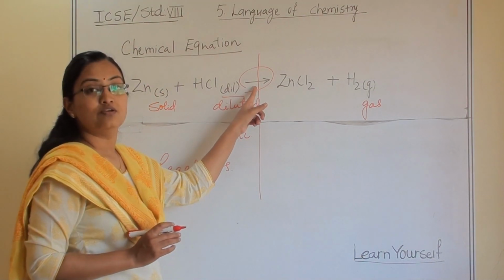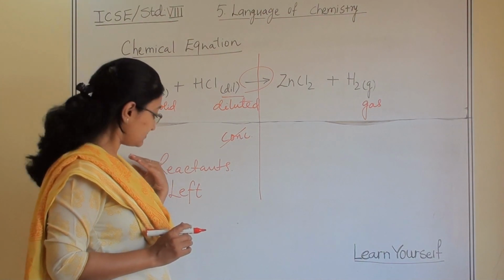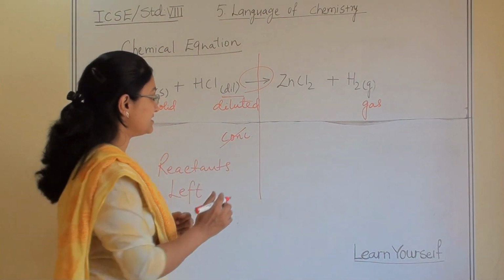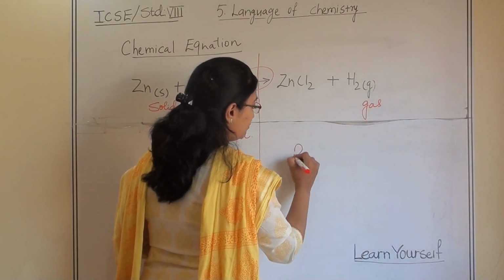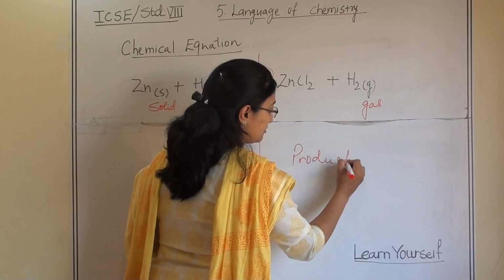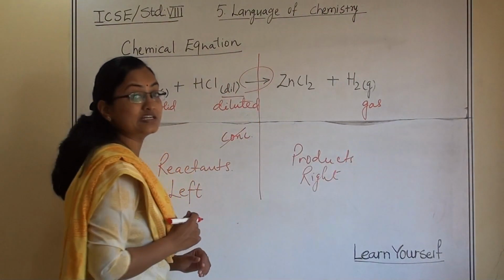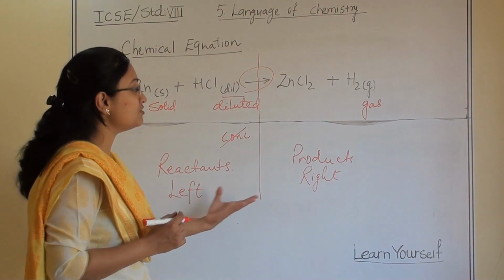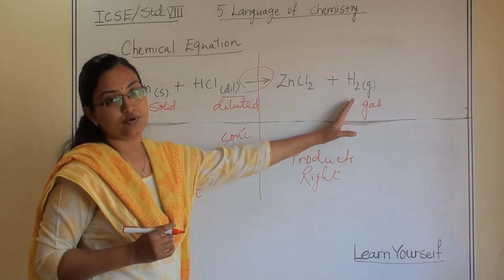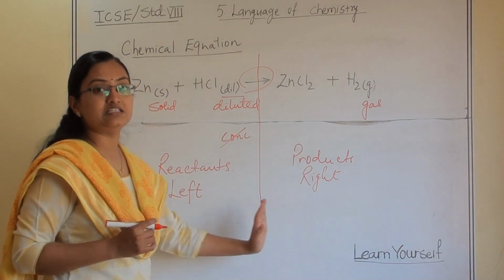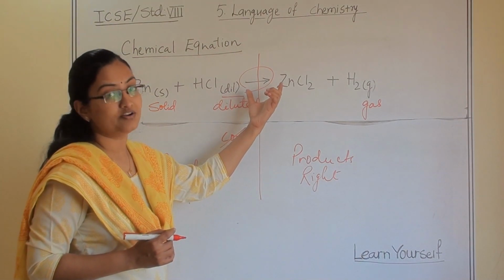This arrow will suggest that this reaction will proceed from left hand side to right hand side. What all are there after the arrow are known as products, and we are writing them at the right hand side. That means when the reaction is complete, you will get these two products. So these are reactants, these are products. Arrow suggests the direction of a reaction.